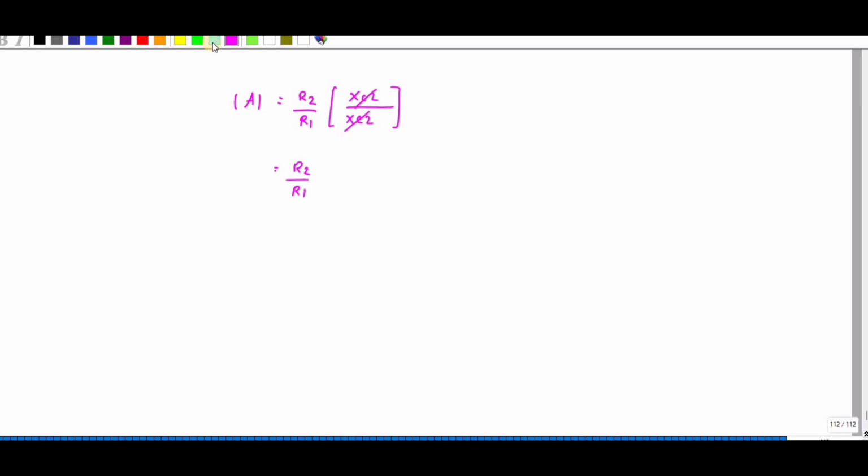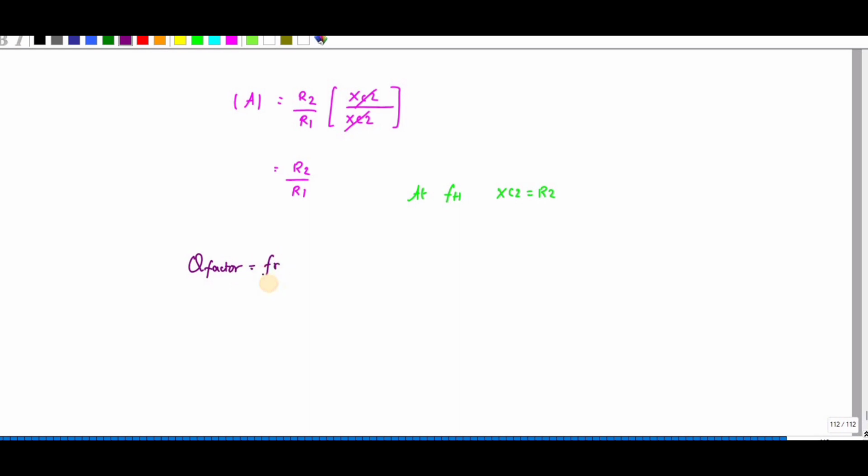And you know that at the frequency FH, right? At FH, the XC2 value is equal to R2. Okay, so here there are two terms. One is Q factor. Okay, so what is Q factor?